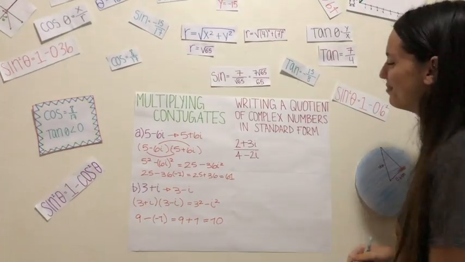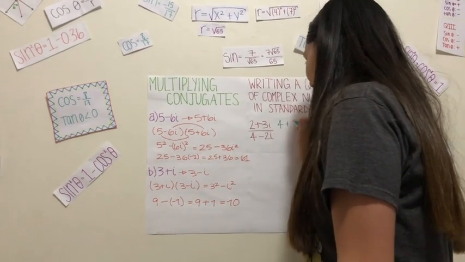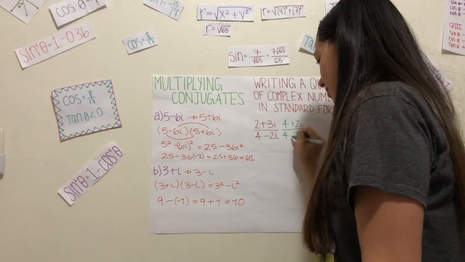So for writing a quotient of complex numbers in standard form, what you first need to do is to multiply the equation by the conjugate of the denominator.